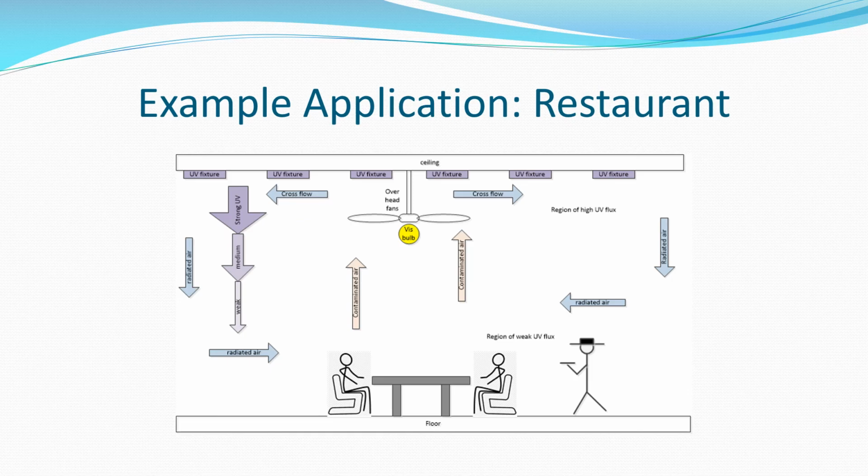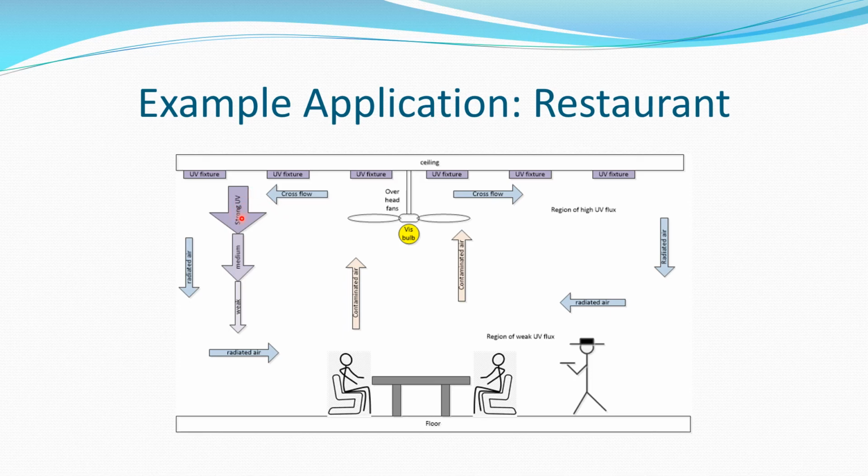Here's an example in a restaurant setting. This simplified example does not show any existing HVAC system influence. So germicidal lamps are mounted on the ceiling, pointed downward. Like all light, UV propagation downward follows the inverse square law, so the intensity decreases the further from the source.